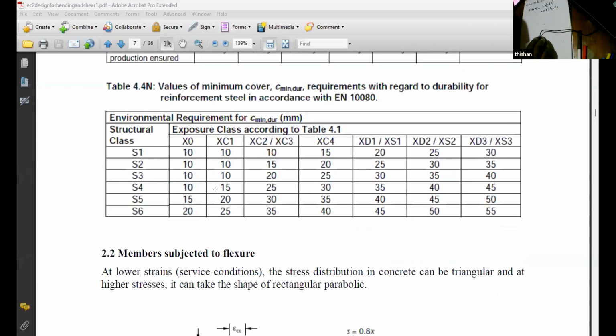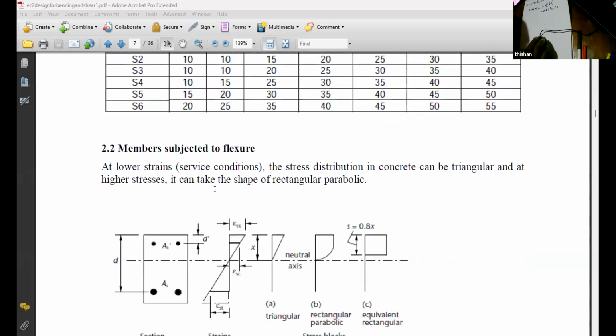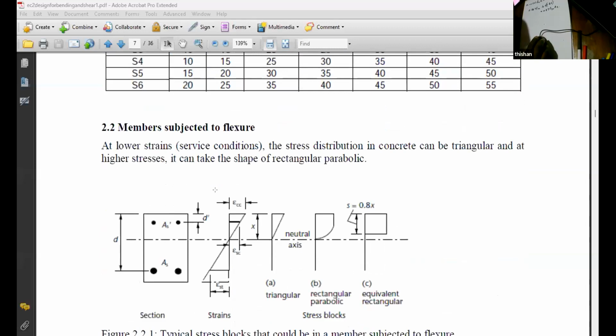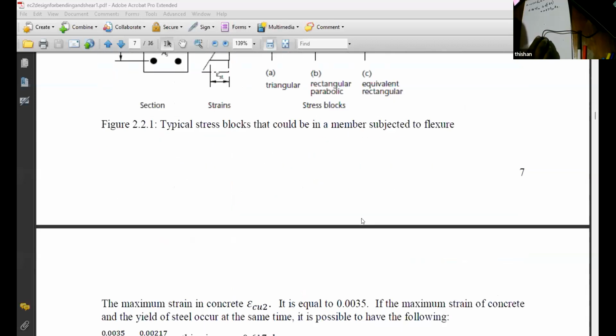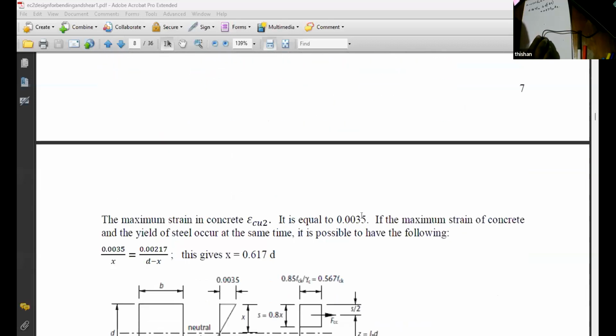If you want, I can discuss the cover requirements again. So for members subjected to flexure, here you can see S is equal to 0.8x, and we are going down.